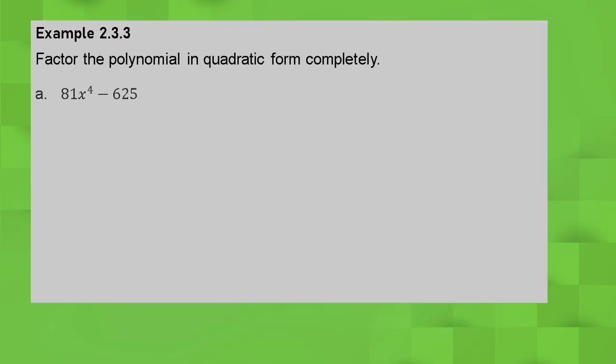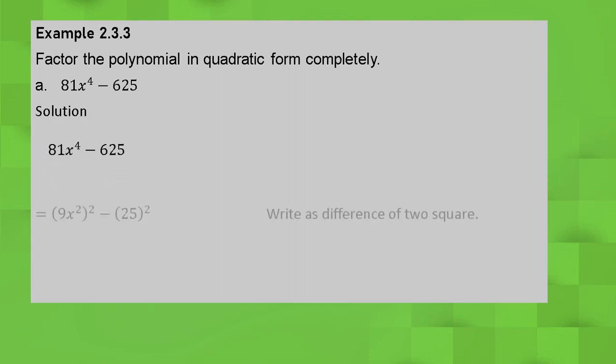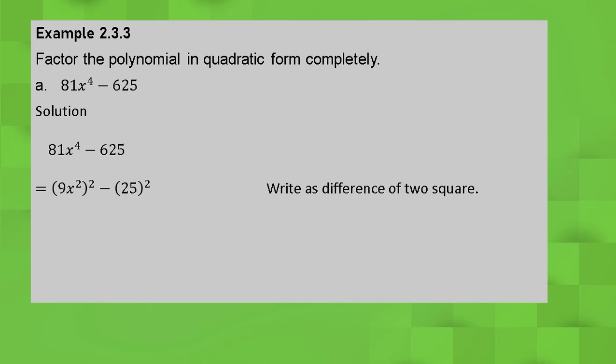Another example, 81x to the power of 4 minus 625. Write as difference of two squares. So, we have 9x squared to the power of 2. And then 25. This is square root of 81 and then square root of 625. So, 2 squares. Ngano? Di ba, this is multiplication man na.